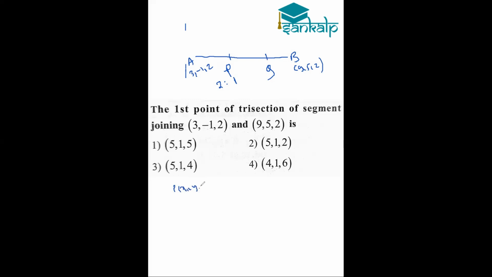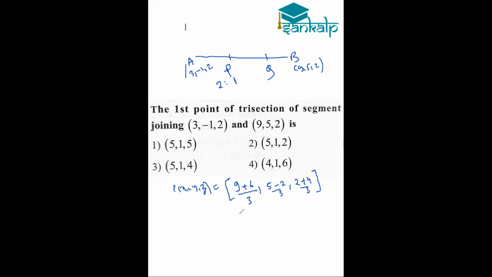So P(x, y, z) will be equal to, applying the section formula, (1 into 9 plus 2 into 3) upon (2 plus 1), which is 9 plus 6 upon 3. Next, 1 into 5 plus 2 into minus 1, which is minus 2 upon 3, and then 1 into 2 plus 2 into 2, which is plus 4 upon 3.